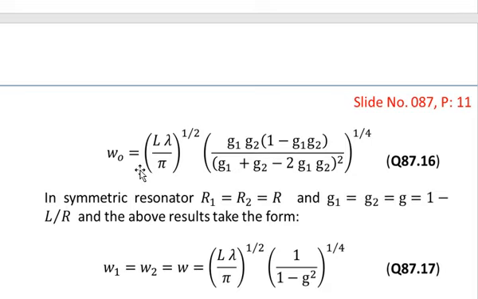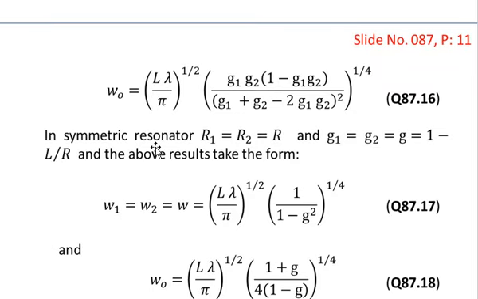So w naught is equal to square root of lambda L divided by pi, and then we have g1 g2 within the parentheses: 1 minus g1 g2 divided by g1 plus g2 minus 2 times g1 g2 whole square, and then the whole term has a power equal to 1 over 4.